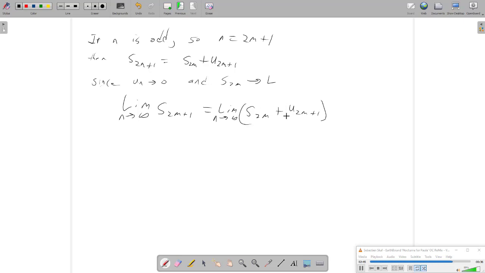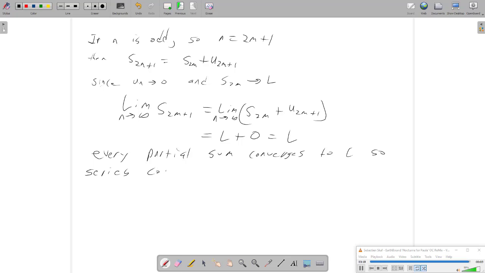And we just noted this goes to L, this goes to 0, so the odd partial sum goes to L as well. Every partial sum converges to L, so the series converges.